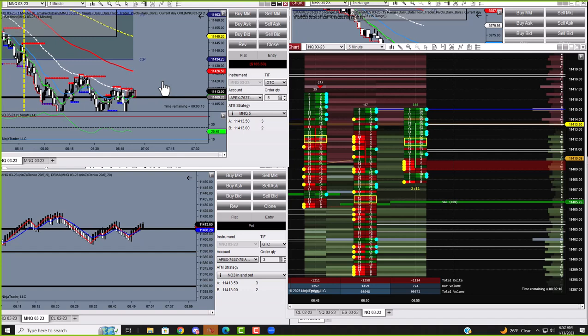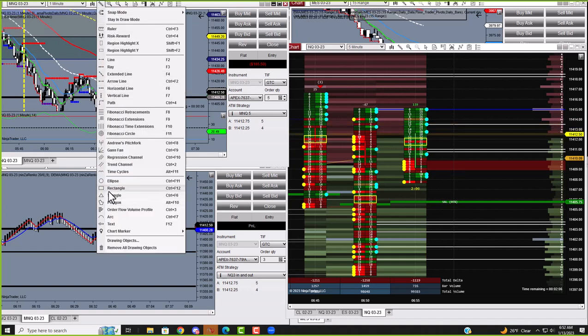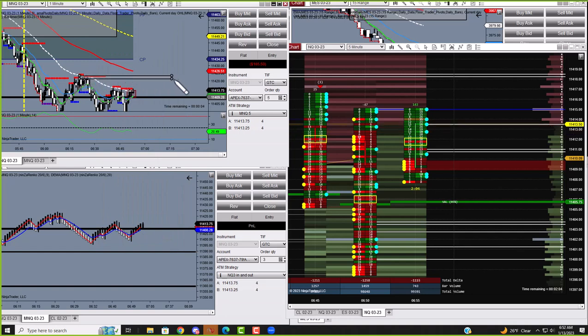Still got to break this top here too. 185 buyers in this candle.